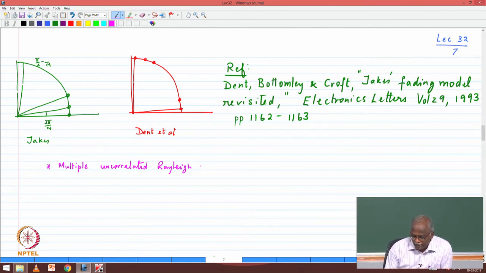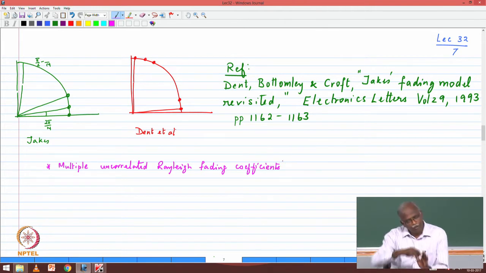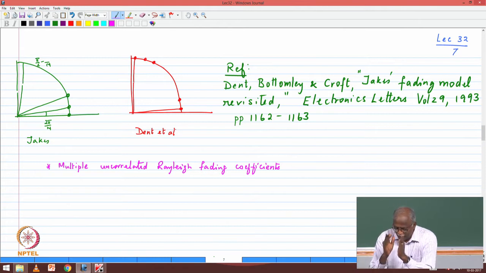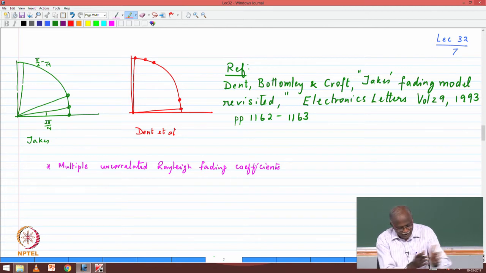The waveform is what is actually happening. Coefficients are when you observe it at an instant of time, you get a sample of the fading waveform. So this is the goal, that you want to generate multiple uncorrelated ones. The Jakes model gives you a way to do that. You have to generate it using the randomization of the thetas.